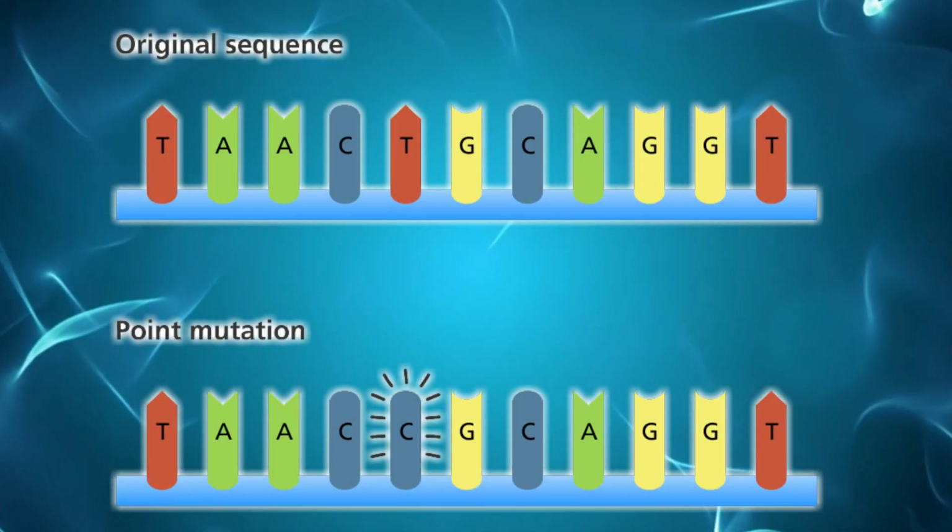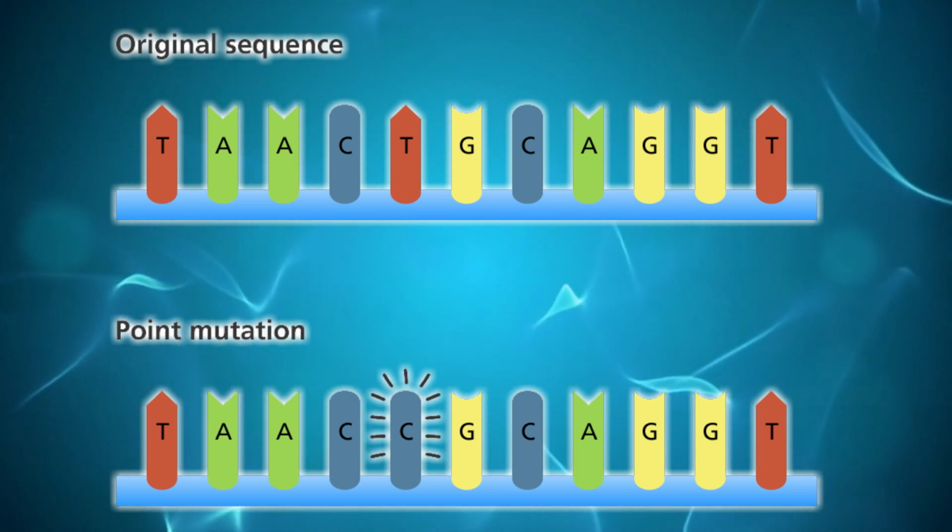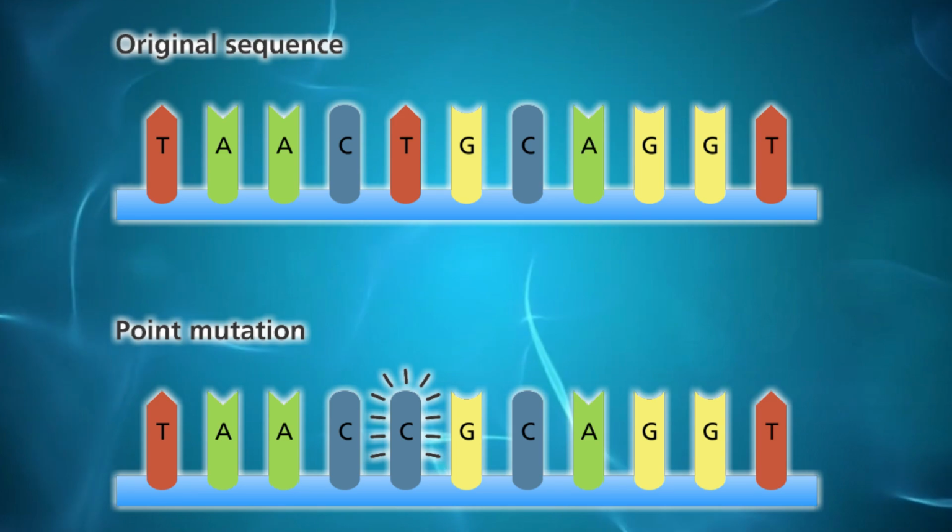A lot of times when people talk about mutations, we're talking about point mutations, where a single nucleotide is switched out with some other nucleotide. That's a way genetic information is edited, you could say. But we also have mutations where entire genes are duplicated. We have insertions, we have deletions.